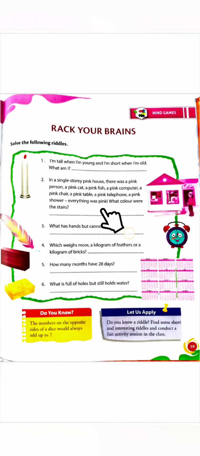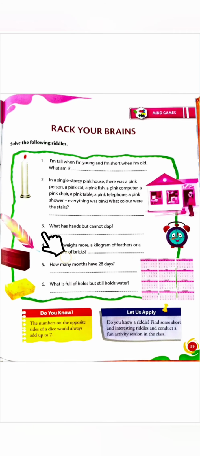What color were their stairs? Kids, all of you think the stairs are also pink, right? But no, kids, see here, single story pink house. So there are no stairs because it is a single story house, right?